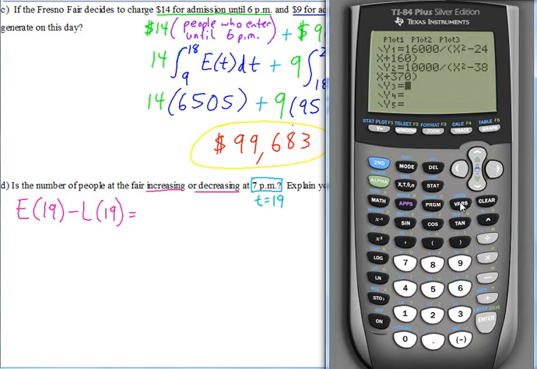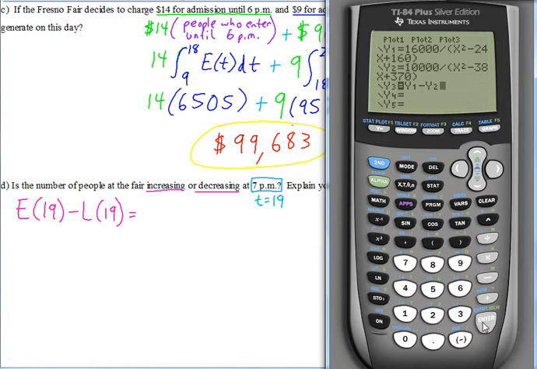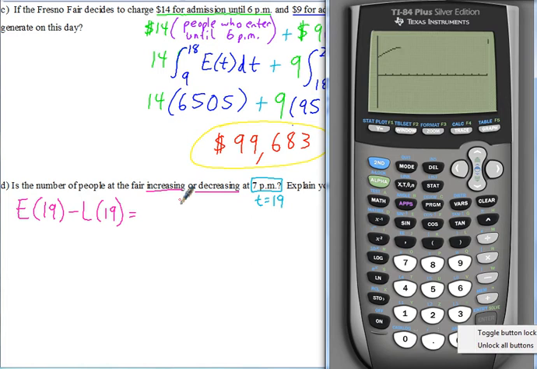And then for y3, I'm going to enter y1 minus y2. And then once I have that highlighted, I can go second, calculate, and then value. The value gives you just the value when you plug in a specific x coordinate. So in this case, we're going to plug in 19 once it finishes graphing that.